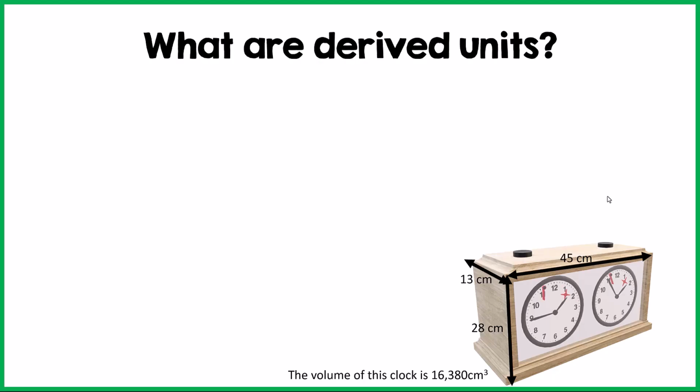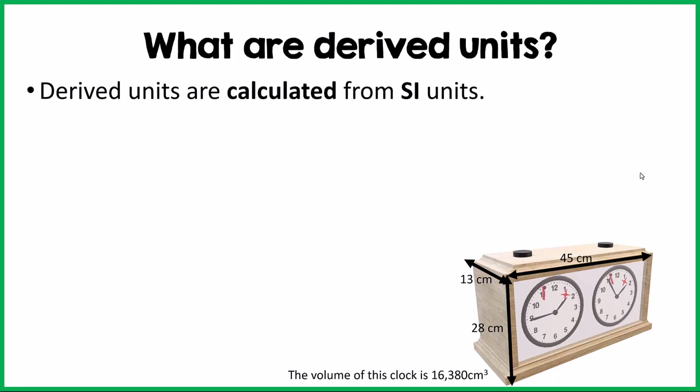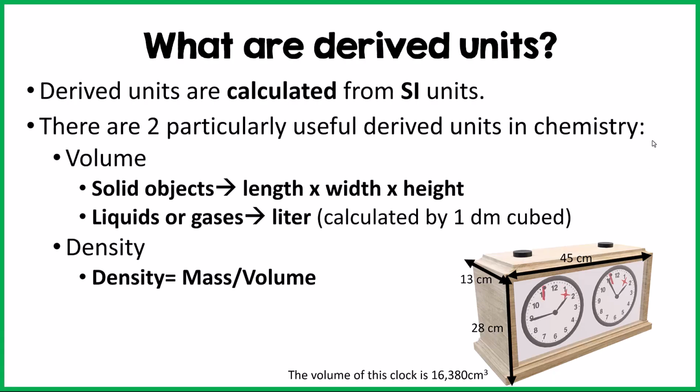What are derived units? Well, derived units are calculated from base SI units. So these are the second tier of measurements that we can make based on other base units. There are 2 particularly useful derived units in chemistry.